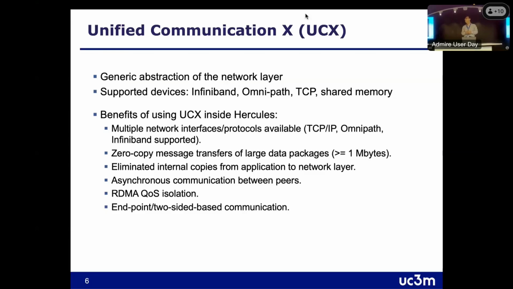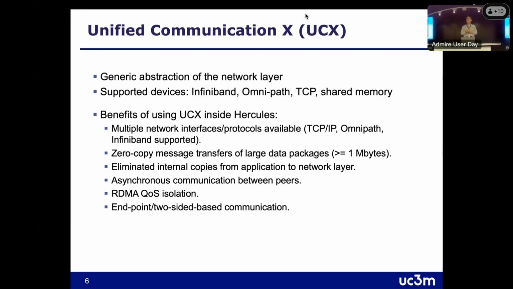The clients and the server in Hercules are implemented using UCX, and we exploit the interfaces that are available, choosing the fastest interface that we can use. One advantage of UCX is that for many things we have 0 copies, and that is very good for performance.